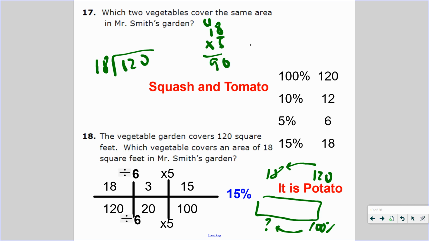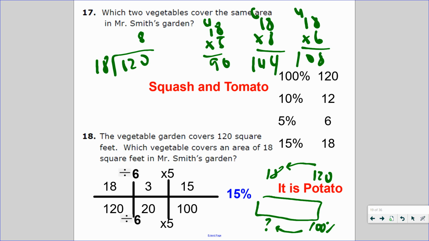Nope, that's not right. It's 8 times 8 is 64, carry the 6, that's 144, that's too large. Is it 6 times? 8 times 6 is 48, carry the 4. I think it's 7 times. 8 times 7 is 56, that's 126.